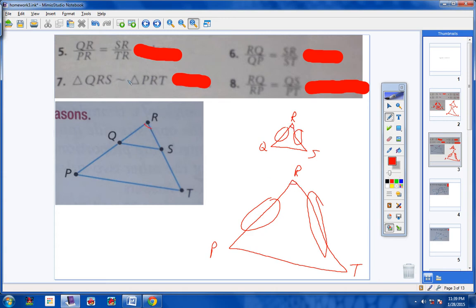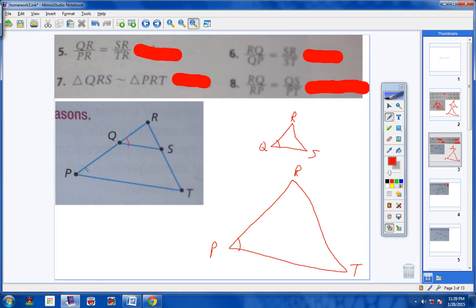Okay, so as soon as you state that this proportion here is true, then I know my two triangles are what? Similar, because of side, angle, side. I have an angle that's congruent, and the sides that include that angle are proportional. So listen, if my two triangles are similar, which they are, then I know that this angle here has to be congruent to this angle here.